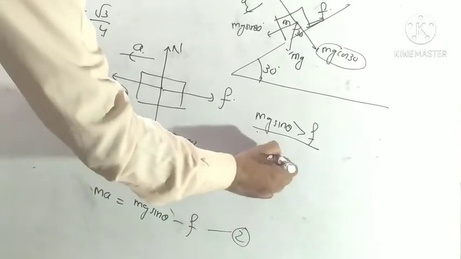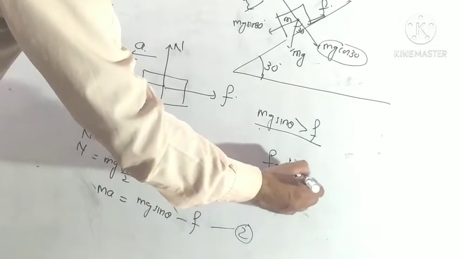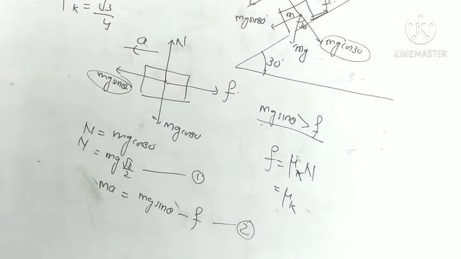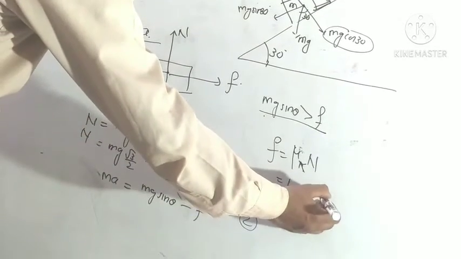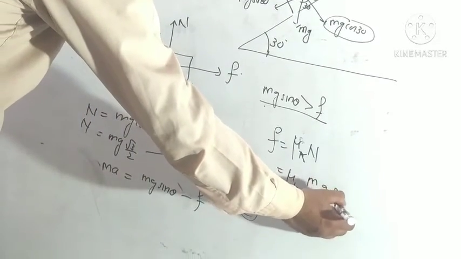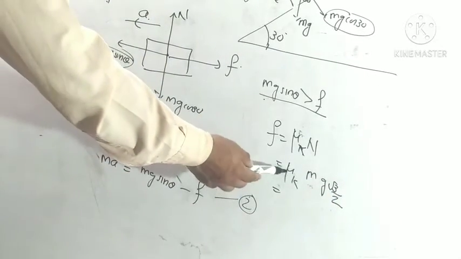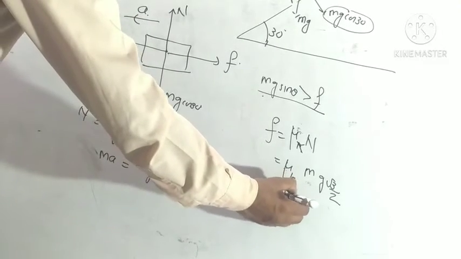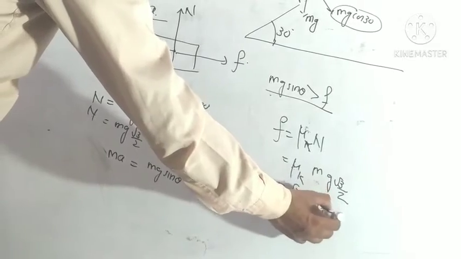So here the frictional force is equal to mu k into the normal force. So we put the value of the normal force, that is mg root 3 by 2, and we already have the coefficient of kinetic friction, root 3 by 4, times mg root 3 by 2.